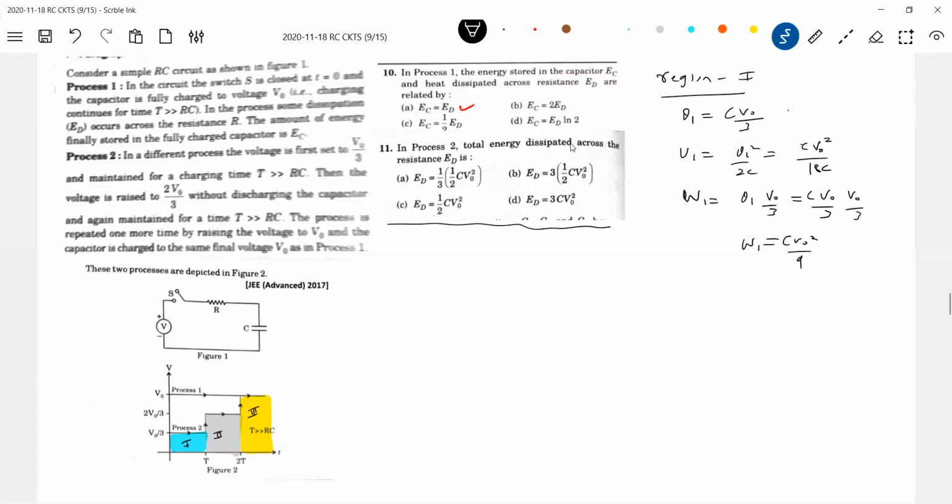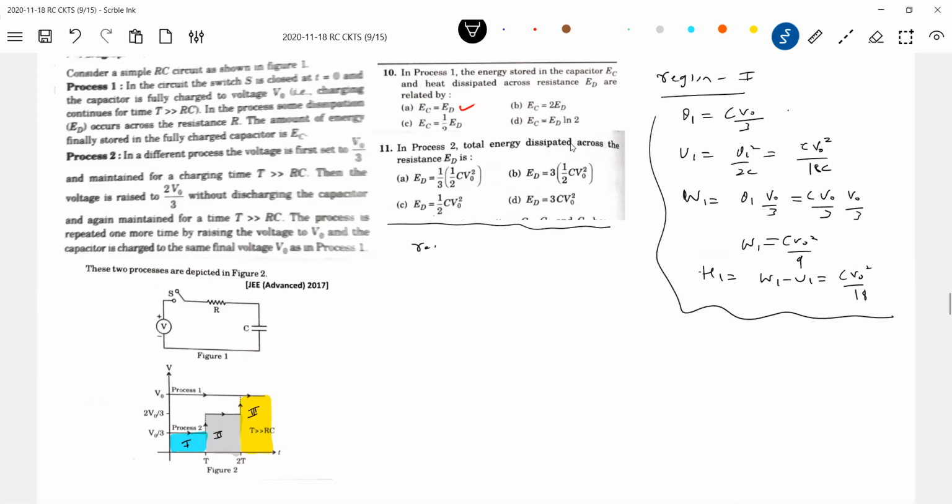What about the heat loss? I'll write H1, which is W1 minus U1. Okay, this is about region 1.